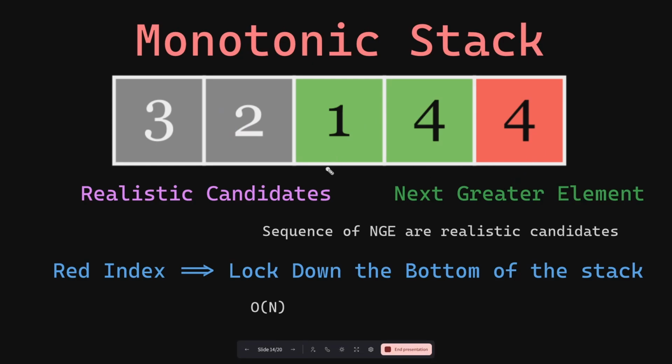But suppose you have 1 and 4 in a stack and then you arrive at this red box. Now you know that you cannot go forward until you take one copy of the red element. However, notice that the stack now contains only the realistic candidates. Therefore, you just need to locate where 4 is in the stack and then you need to take all of these elements in your answer.